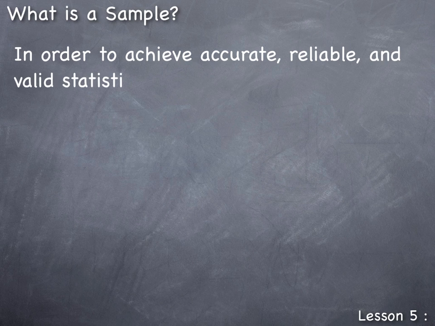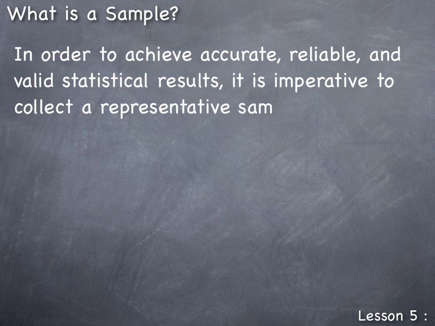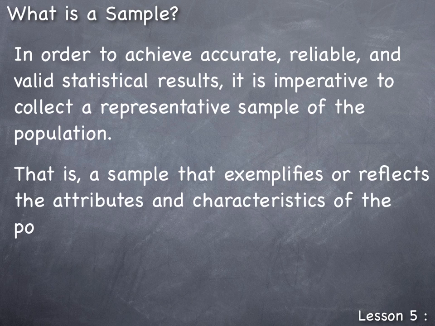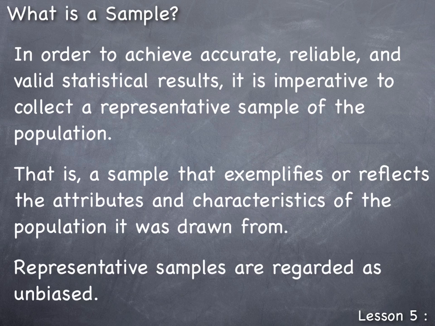In order to achieve accurate, reliable, and valid statistical results, it is imperative to collect a representative sample of the population. That is, a sample that exemplifies or reflects the attributes and characteristics of the population it was drawn from. Representative samples are regarded as unbiased.